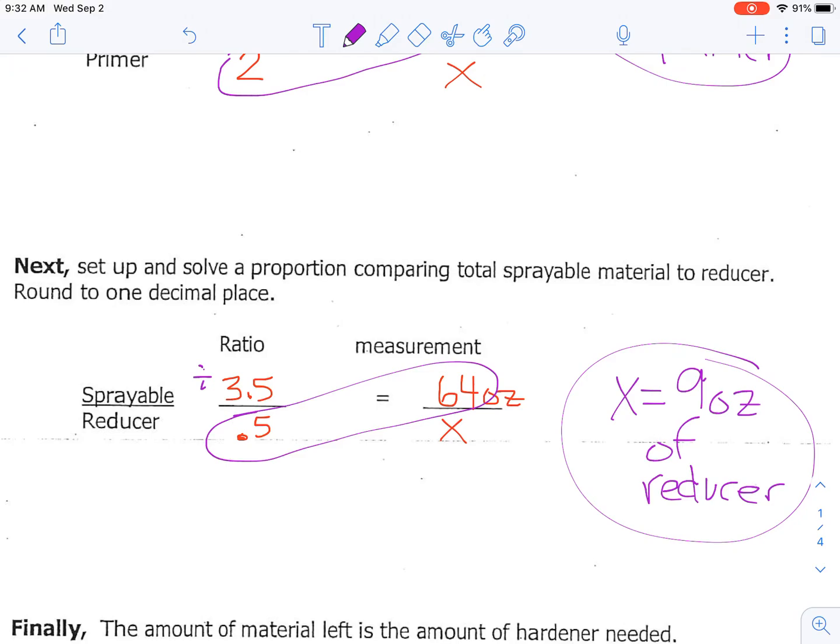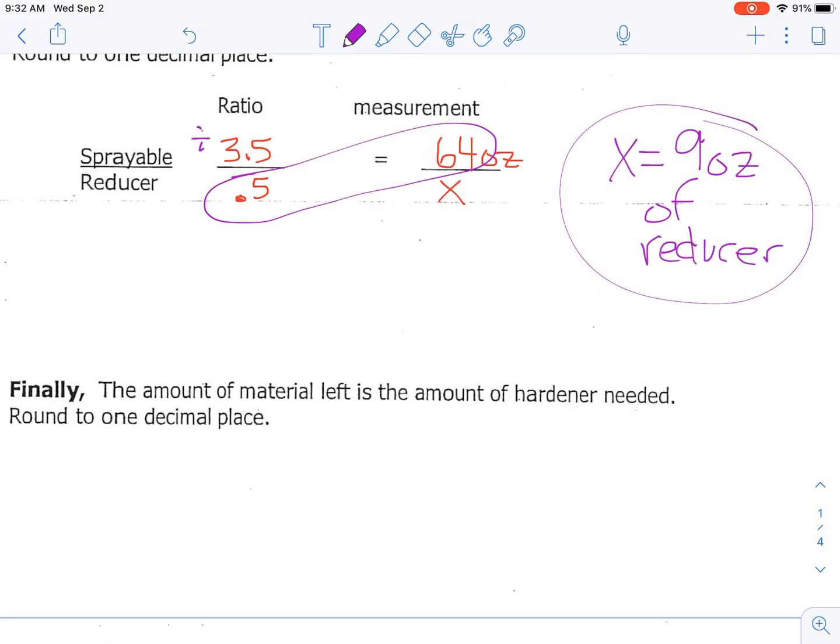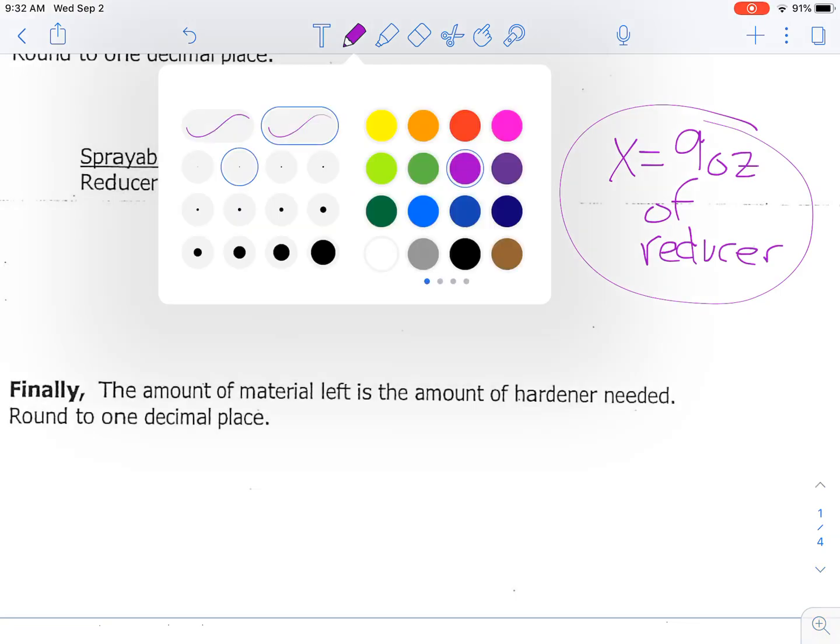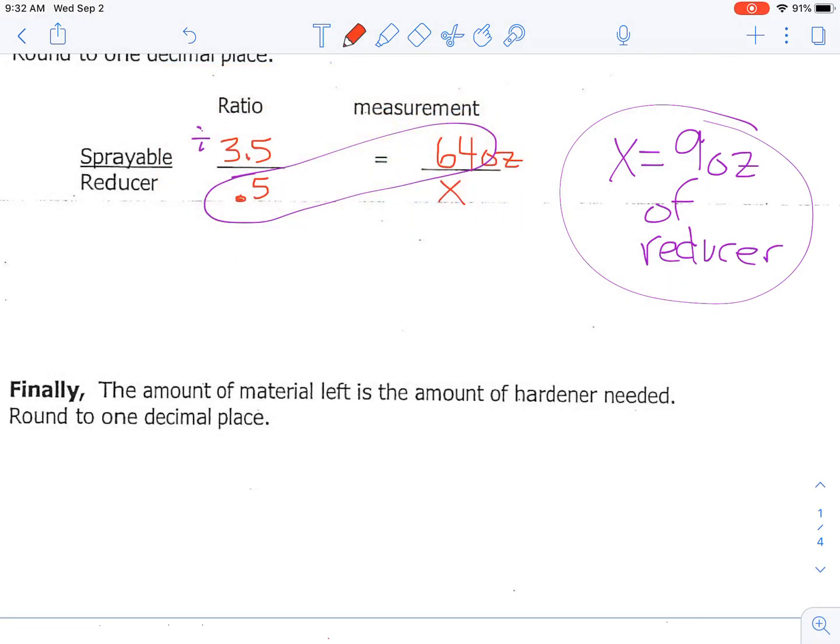To get the last part, the hardener, it's just a simple subtraction. We know that we need a total of 64 ounces of material. We just calculated that 37 of those ounces are going to be primer, and that 9 ounces are going to be reducer. Whatever is left is what's going to be the amount for the hardener.